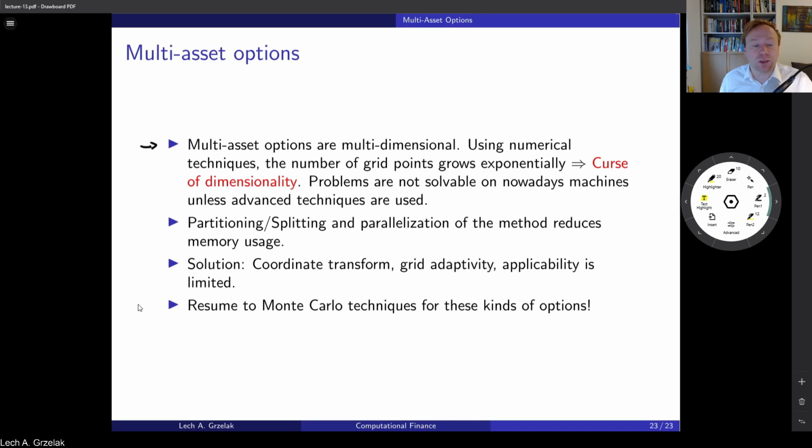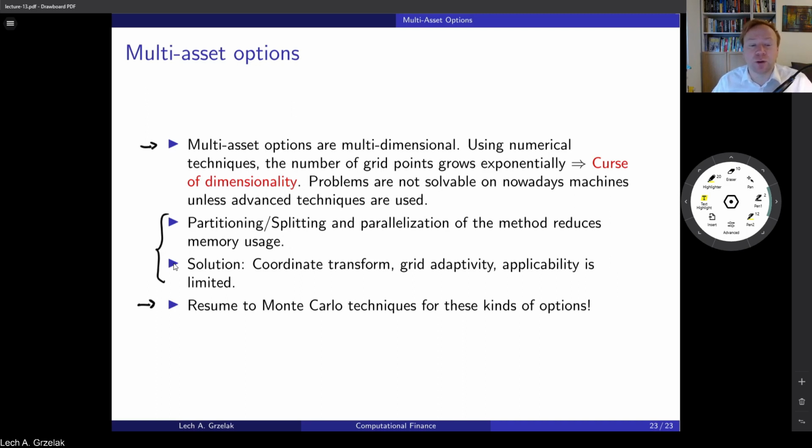Typically what we do is we solve those types of problems with Monte Carlo techniques. This is a popular approach to handle that. Of course, here are also 2 more points. If you talk about PDEs, there are some numerical techniques and approaches to improve your PDE pricing. Of course, those are not really solving the problem of the curse of dimensionality if you have a very high dimension.